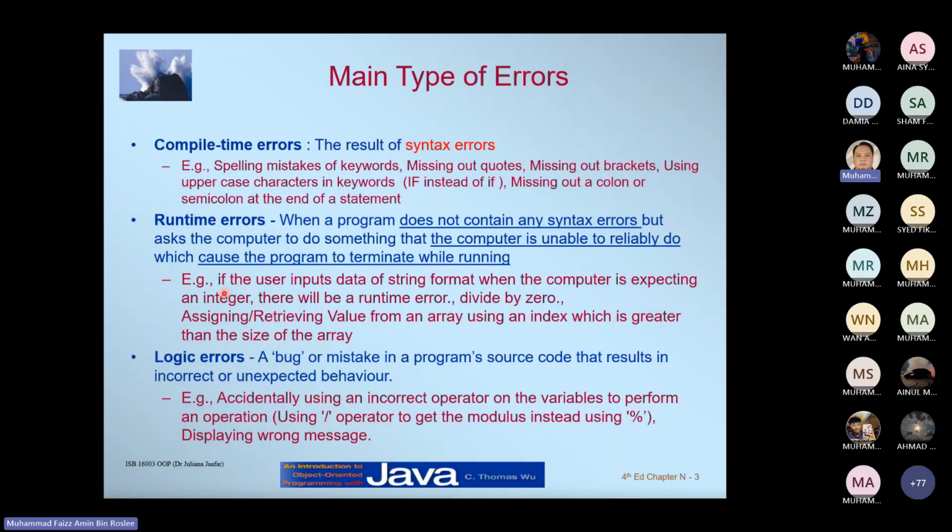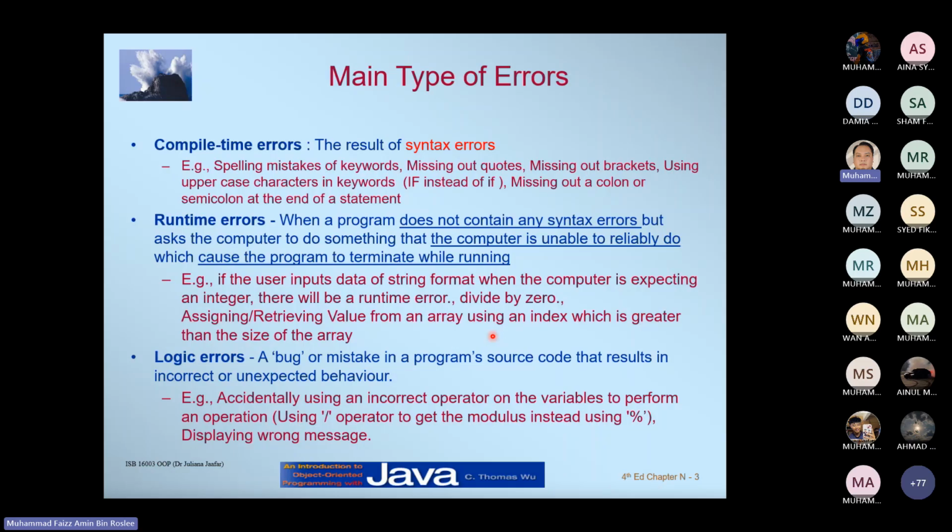You prompt a scanner, but the user enters an integer value instead. Java will throw out a runtime error. Another runtime error is divide by zero. For example, if you try to divide a number by zero, for sure Java will throw out the runtime error.